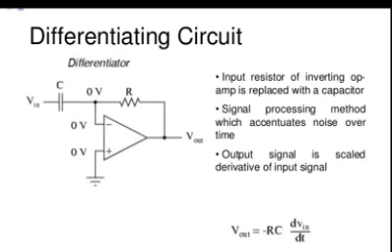The input signal will be differentiated properly if the time period T of the input signal is larger than or equal to RF CF, that is, the time period should be greater than or equal to the product of RF and CF.